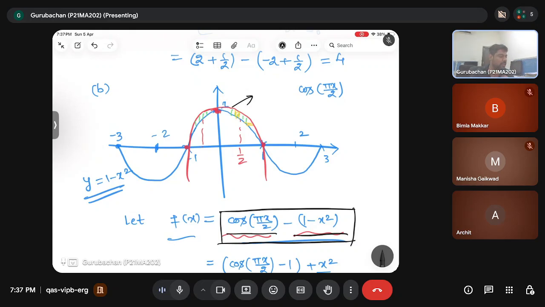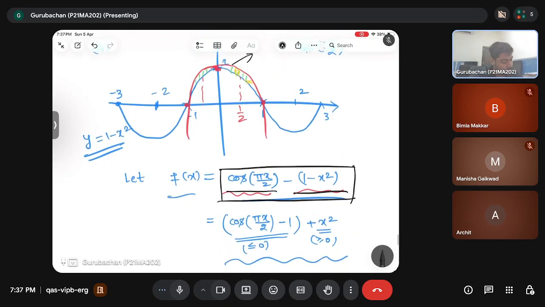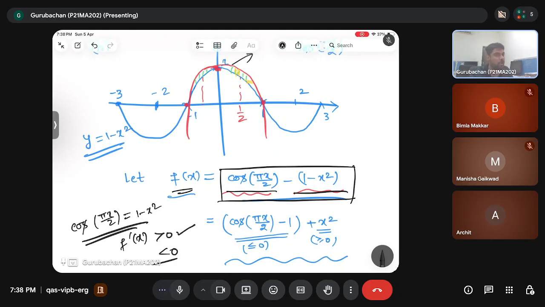Still, if you have to worry, then you can think again: cos pi x by 2 equal to 1 minus x square. You can see the increment or decrement. You take the derivative of this one, f dash x. If it is positive, then obviously this function is increasing in the whole interval -1 to 1.